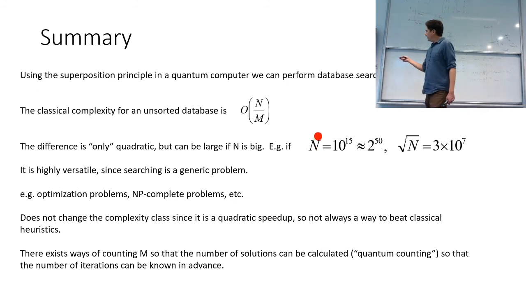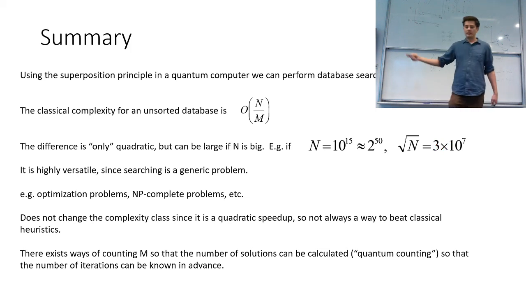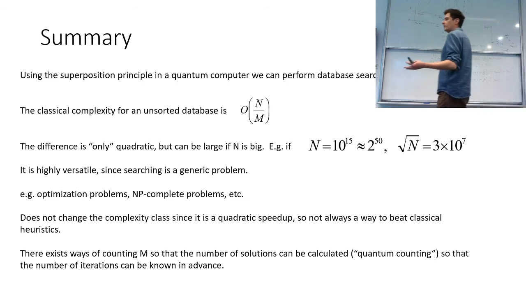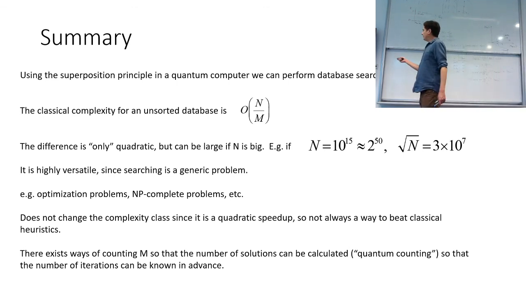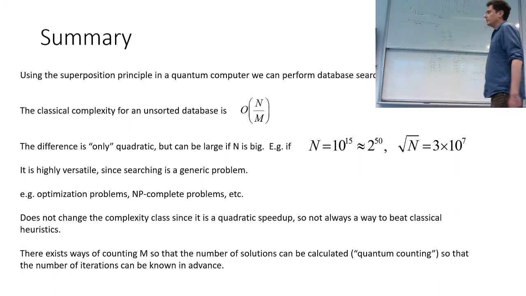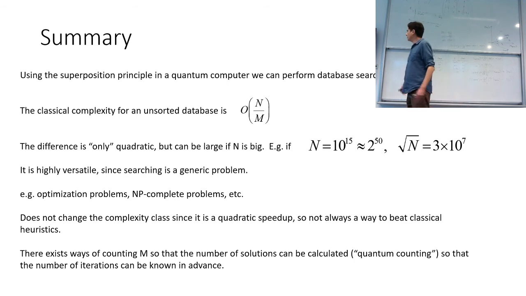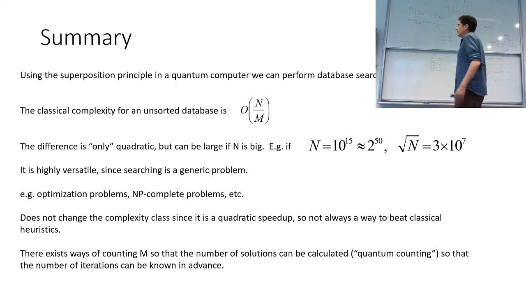But the square root of n is only 10 to the 7. And basically anything like computers, gigabytes, terabytes, this kind of thing. So 10 to the 7 is actually nothing in terms of today's classical computing technology.